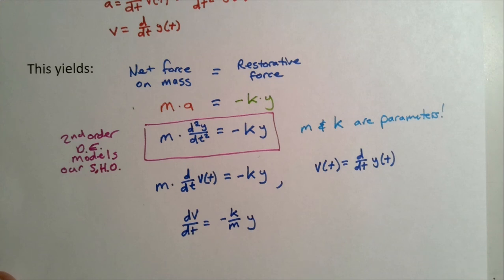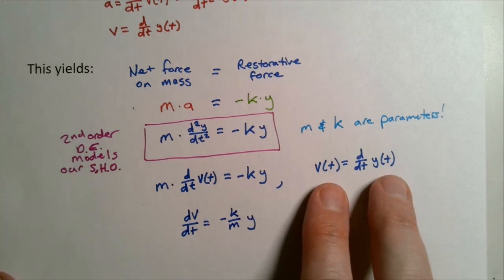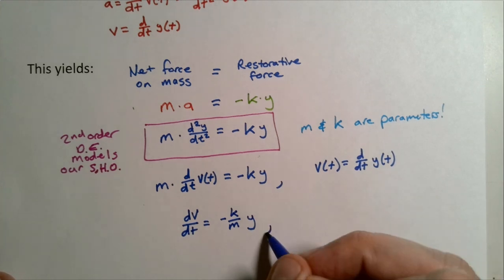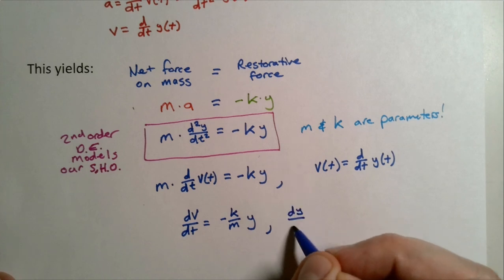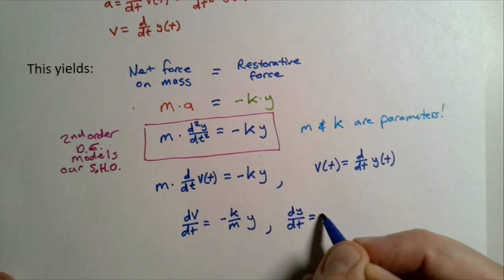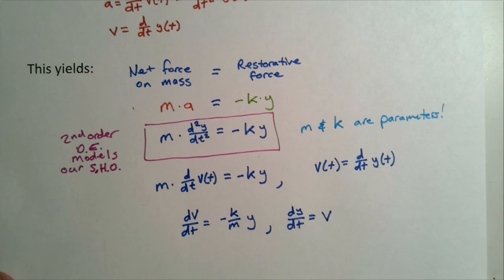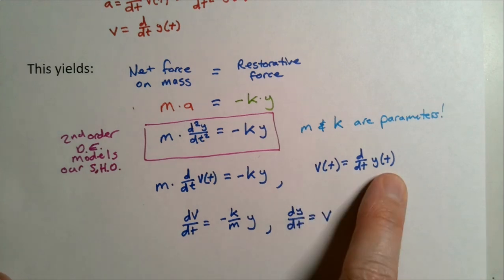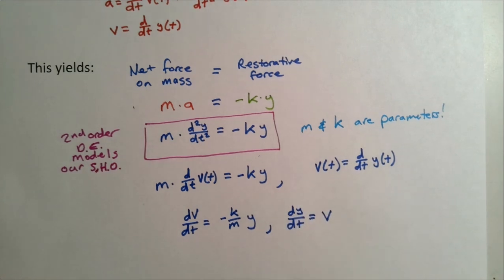And the other equation was kind of already set up for us, which is dy dt equals v. Now I kind of dropped the notation of this being a function, as we've done before.